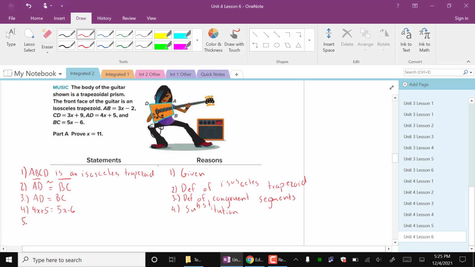Now I'm going to start solving this out. I want to get x on one side, so I'm going to subtract 4x from both sides. That leaves me with 5 equals x minus 6, and the reason for this is the subtraction property of equality.